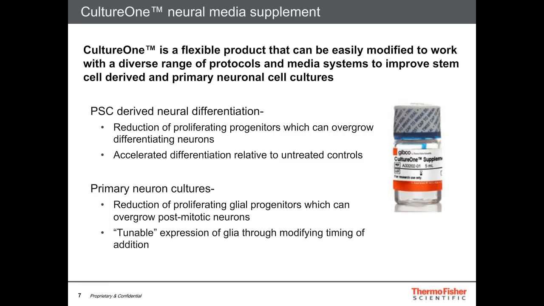So jumping right into it, as Hunter mentioned, you got an introduction to the CultureOne media product and its use from David Cunninger back in May. And I just kind of wanted to highlight, again, what the aims of the study that we're going to look at will be. Our intention in this collaboration was to prove some of the hypotheses we'd put out there in looking at the cells after they were differentiated.